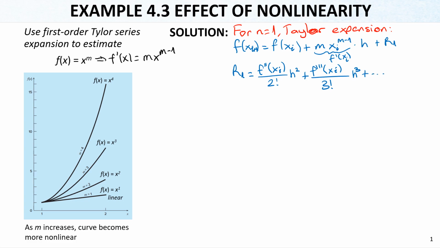Now we have the Taylor expansion with the remainder term, or the truncation term, and we will use two problems here. First, we will investigate the effect of the power m, and see if the first order Taylor expansion predicts these well enough or not.